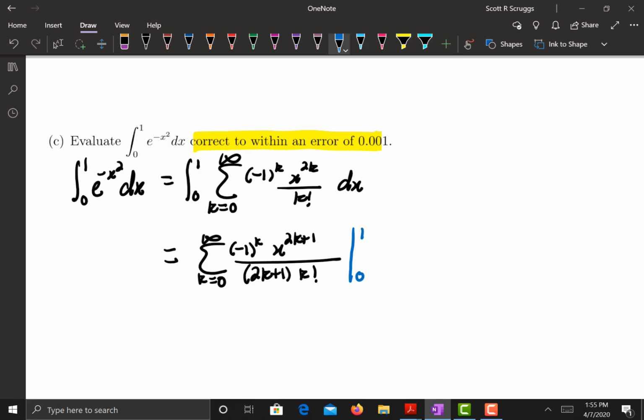But because I took a definite integral, I still have to apply the fundamental theorem of calculus on that problem.